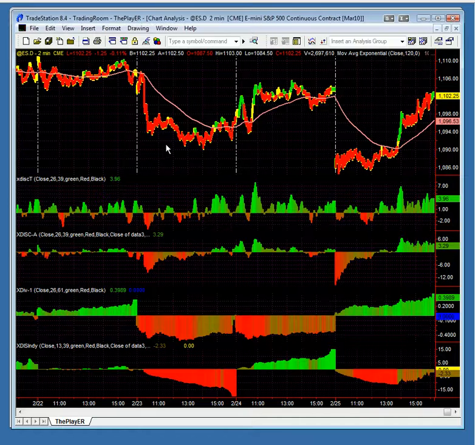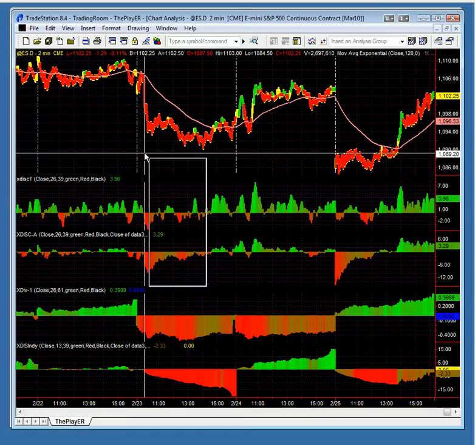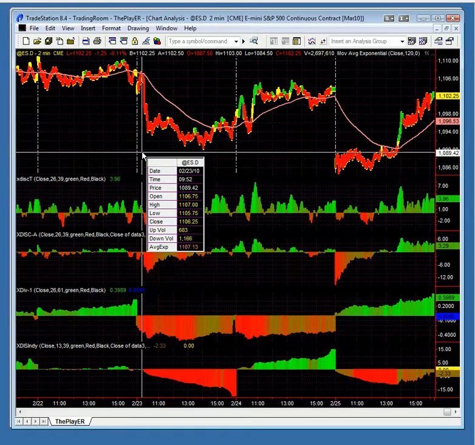As you can see on this day, Tuesday, Monday was a super quiet day. But once we got the gap lower on Tuesday and retested the trend, it was a bearish indication right here. Actually, it wasn't too extreme, but we did have some extreme divergences.